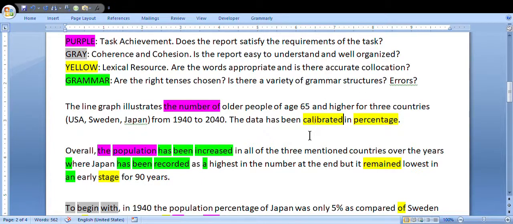The data has been calibrated in percentage. Calibrate is something that you do with machines or measure, or a measuring device. We calibrate data not by showing it, but by using data to establish marks. Well, again, let's just look up.